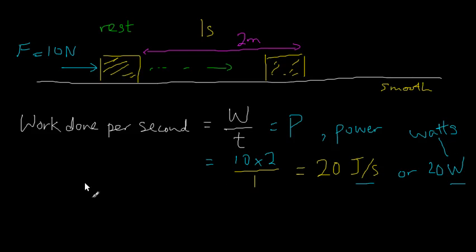Okay. Now coming back to this idea of work done per second, in the definition of power, we really want to make it a bit more general. That means, what if it's not per second, but per hour or per minute and so on? Yes, that's fine.